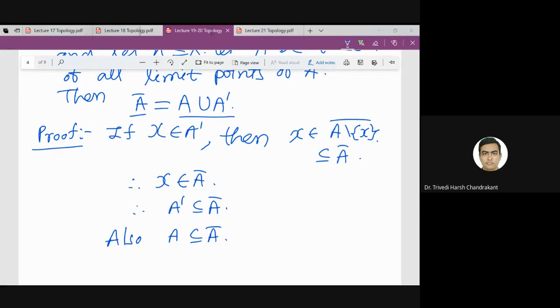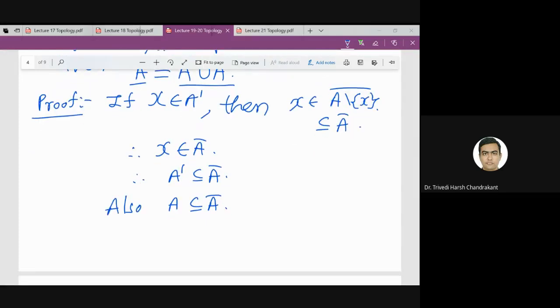Because closure is the intersection of all closed sets containing A, so by the definition of closure it contains A. So altogether we get A union A dash is a subset of A closure. So one way we have shown that A union A dash is contained in A closure.